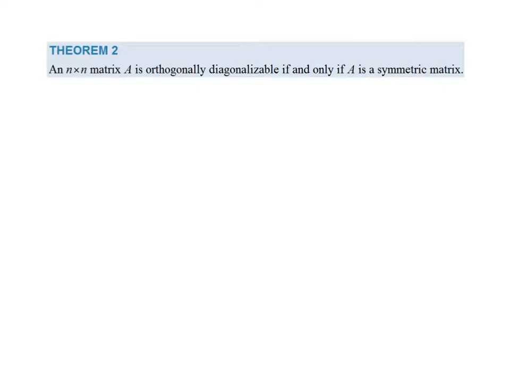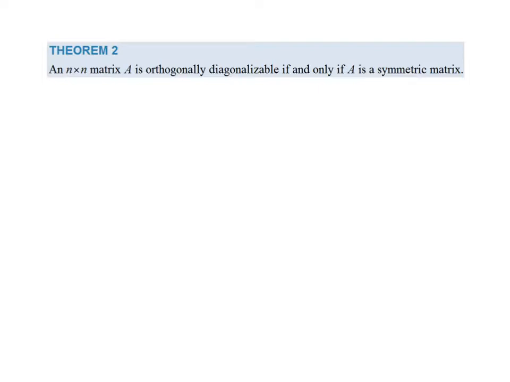This next theorem is pretty cool. I'm not going to kill you with a proof on it, don't worry. The theorem says that an n by n matrix A is orthogonally diagonalizable if and only if it's a symmetric matrix. The cool factor is that in Chapter 5 you had to do a lot of work before you knew if the matrix was diagonalizable.